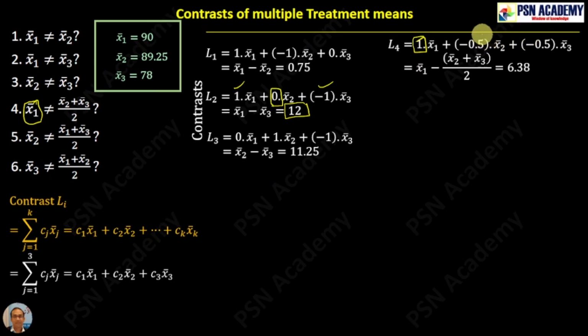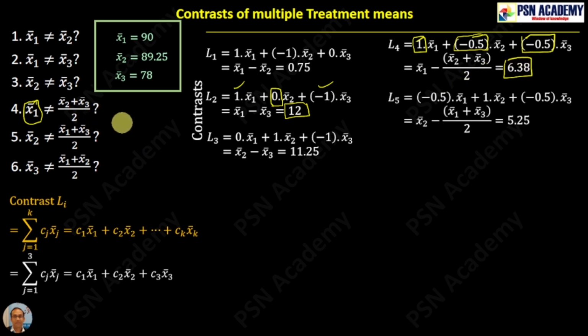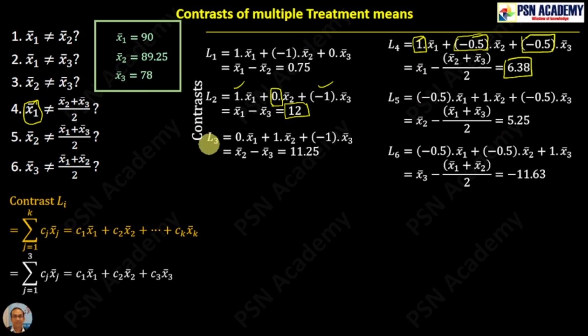That means minus 0.5 to x2 bar and minus 0.5 to x3 bar from that minus 1. Clear? So if you go for calculating like this, then you will get 6.38. Similarly, you can go for L5 and L6.